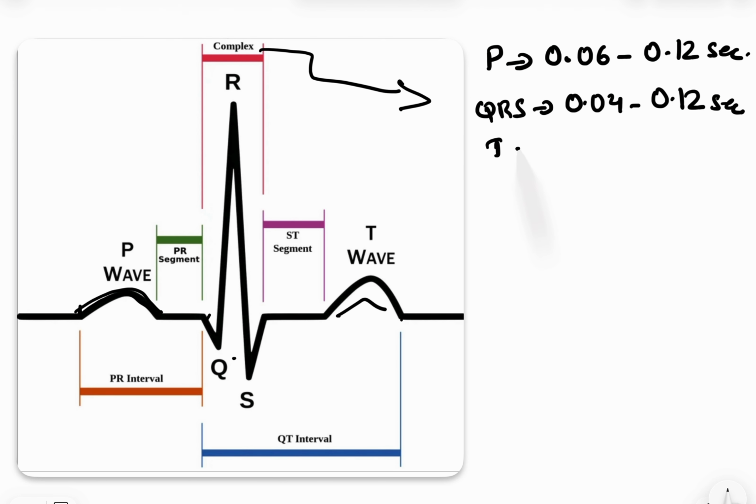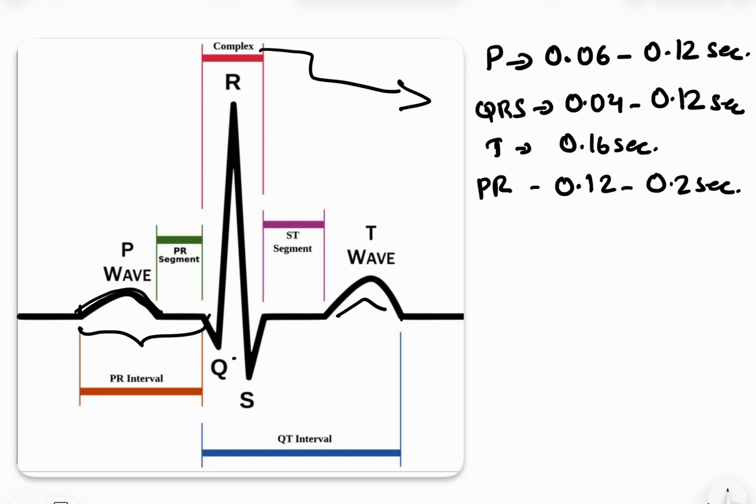The T wave takes 0.16 second, and the PR interval takes 0.12 to 0.2 second, and the QT interval takes 0.31 to 0.38 second.